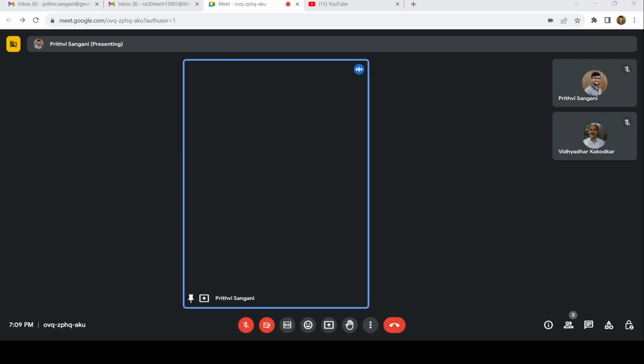Initially I'll cut my section, I'll cut it like this. Please assume this as the diagonal. So this is cut.